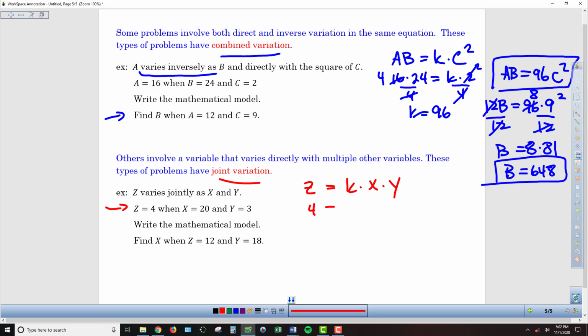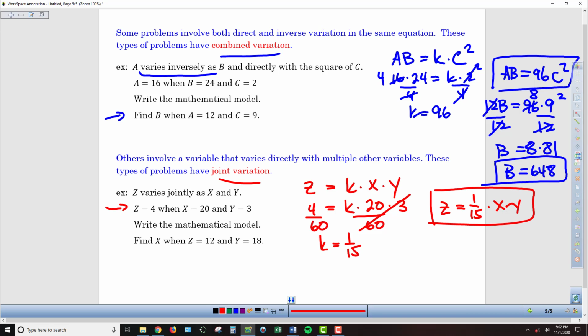So we've got 4 equals k times 20 times 3. 20 times 3 is 60, so I'm going to divide both sides by 60, and so we get a k value of 1/15 if we reduce. So our model equation is going to be z equals 1/15 times x times y.